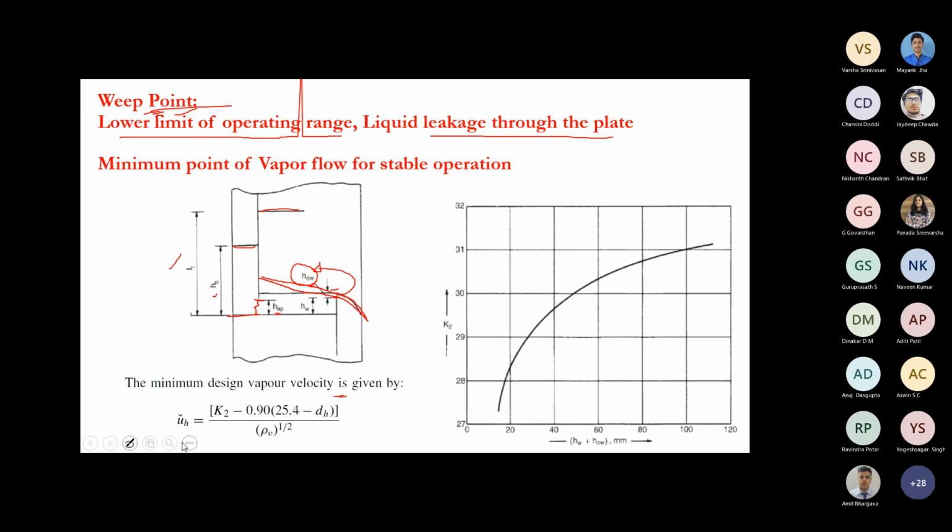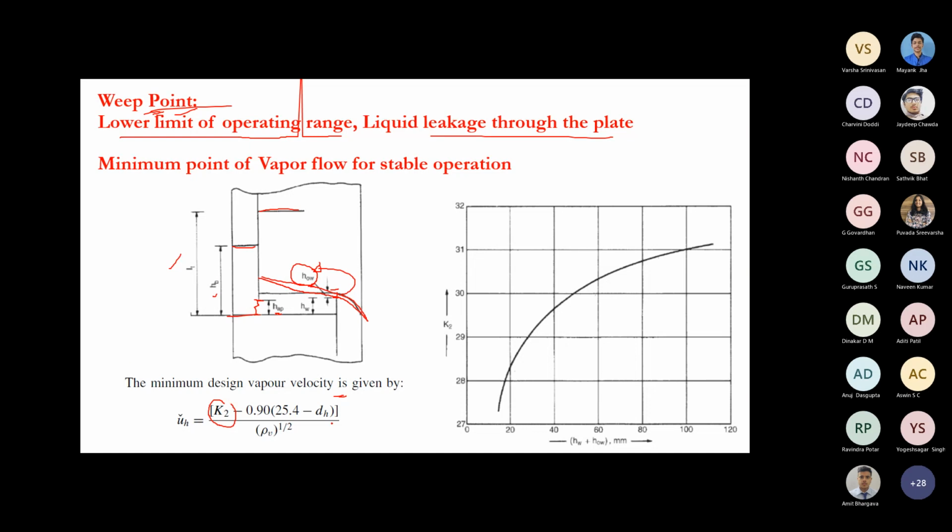So to calculate this one, we need the value of K. This value of K should be known. The minimum hole velocity is K2 minus 0.9 times (25.4 minus DH), divided by the density.